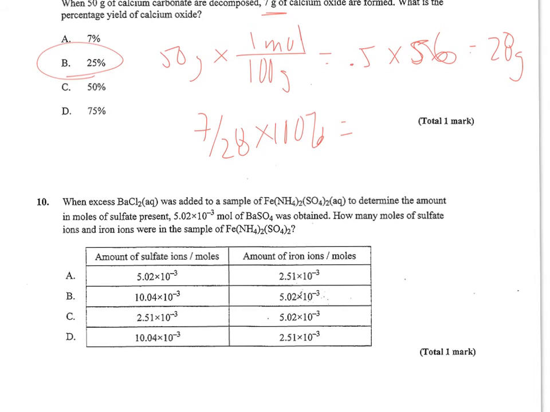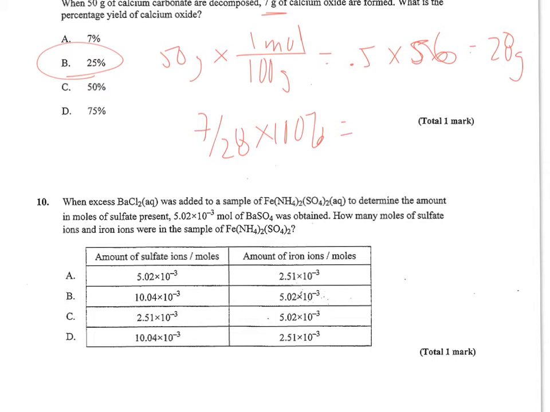And question 10, the last multiple choice or paper 1 question. When excess BaCl2 was added to a sample of Fe(NH4)2(SO4)2, to determine the amount in moles of sulfate present, 5.02 times 10 to the minus third moles of BaSO4 was obtained. How many moles of sulfate ions and iron ions were in the sample of iron ammonium sulfate?